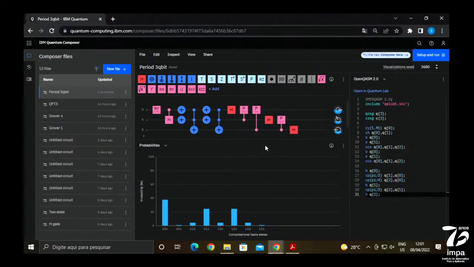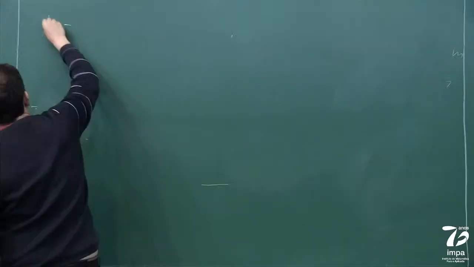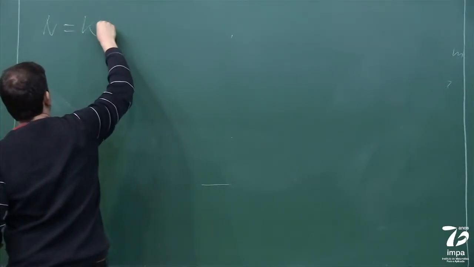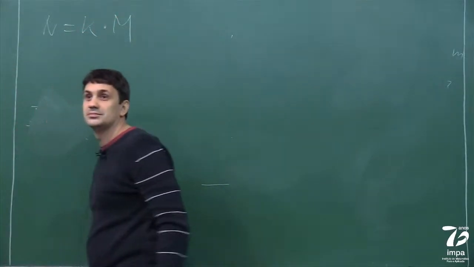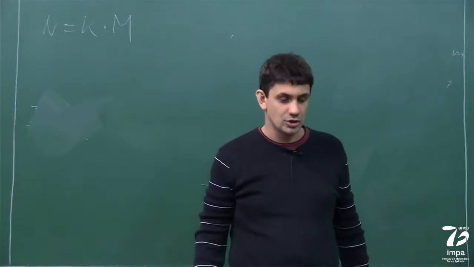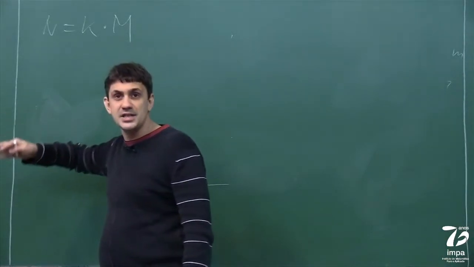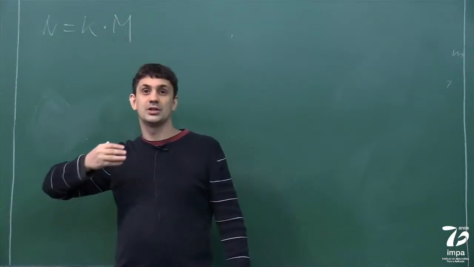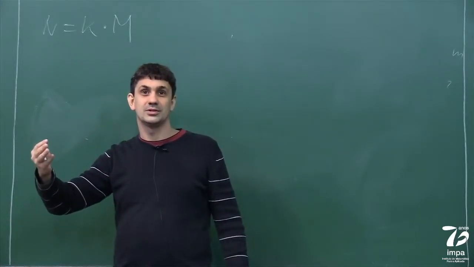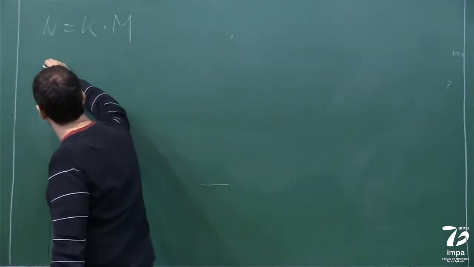And assume that we have capital N equal to capital K times capital M. So assume that this holds. And now assume that I take any k-periodic sequence.